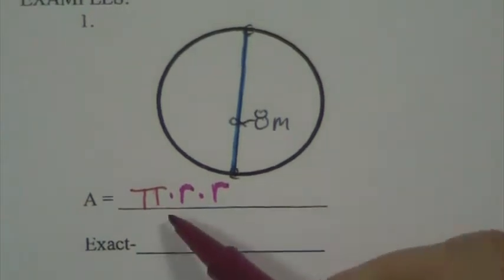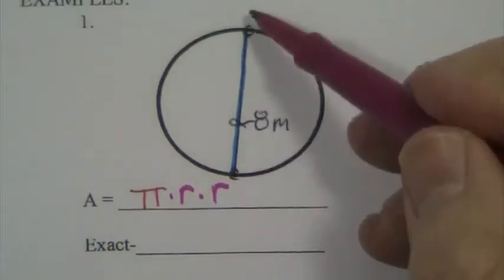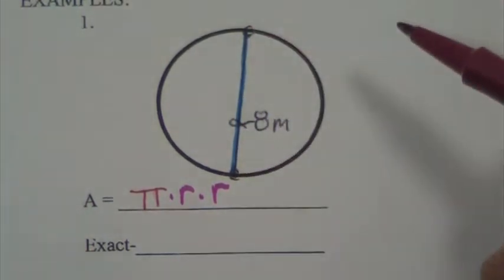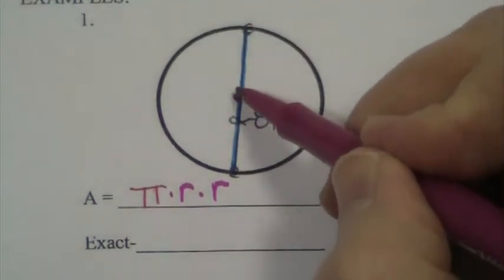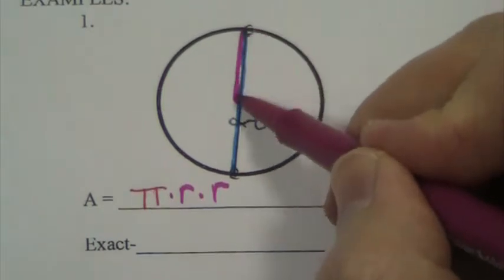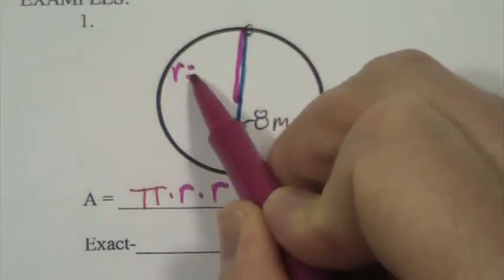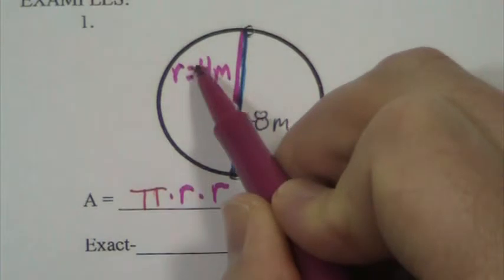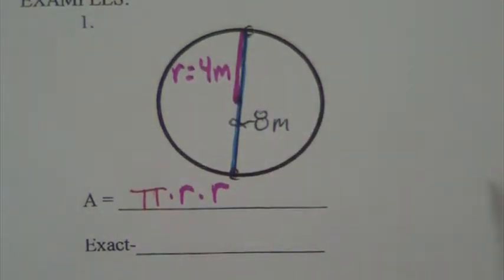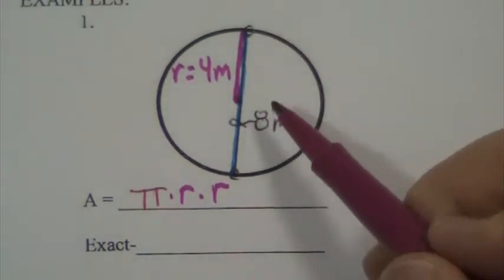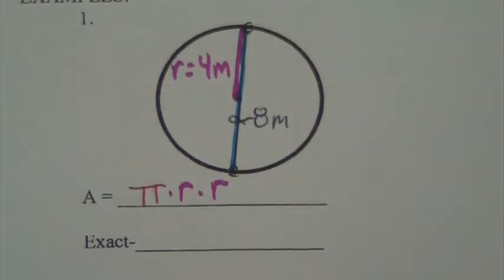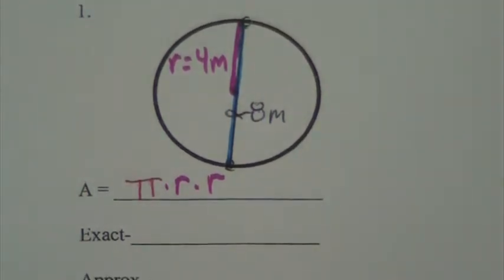So what is the radius then? If the diameter is 8, then the radius is 4. So keep that in mind. You have to take half of it. So let's go ahead and calculate that.